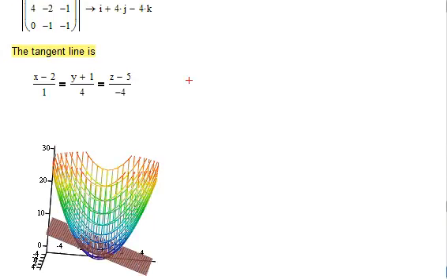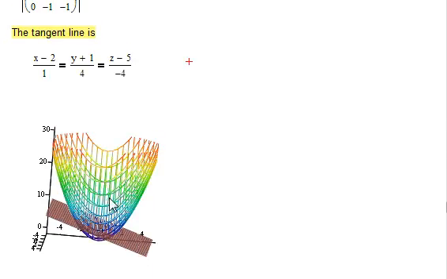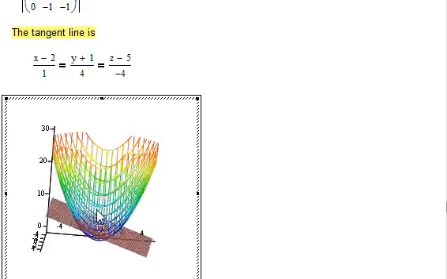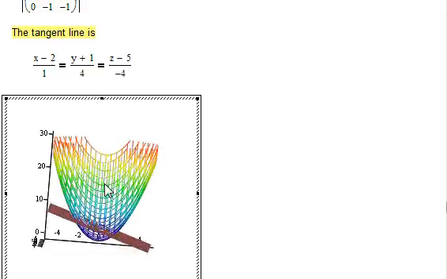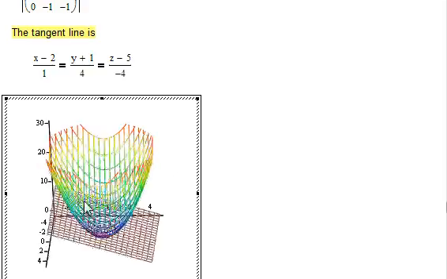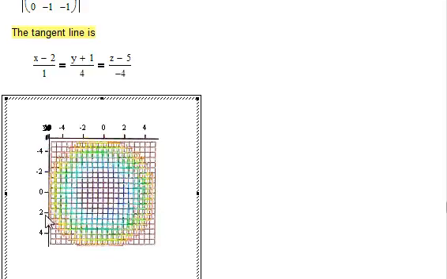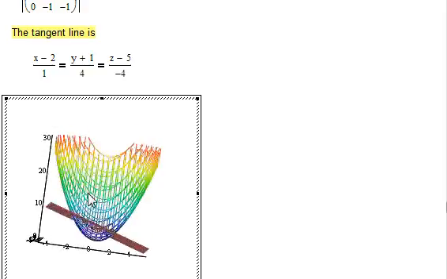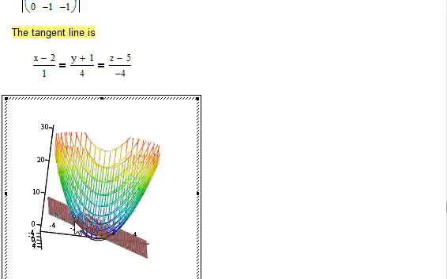Anyway, here are the two surfaces, and this one I can rotate, but at the point x is 2, y is -1, here's x is 2, here's y is -1, and z is 5, that would be somewhere around here.